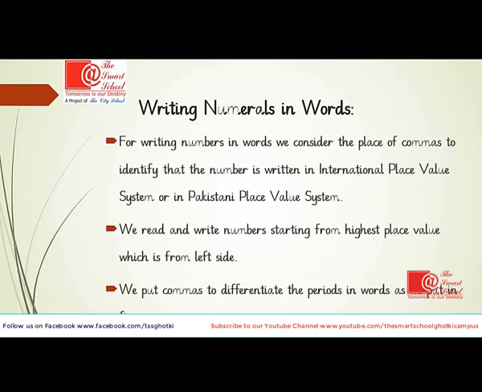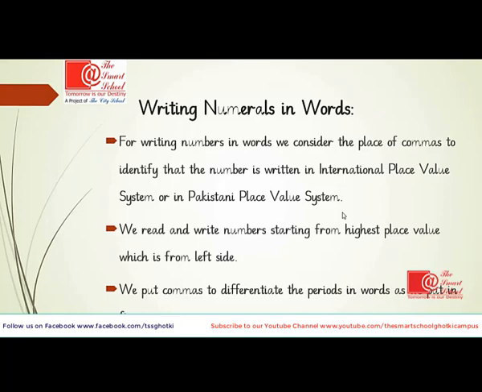Now, with the help of all this information about the place value of digits, we can easily write numbers in words, or writing numerals in words. For writing numbers in words, we consider the place of commas to identify whether the number is written in the international place value system or in the Pakistani place value system.